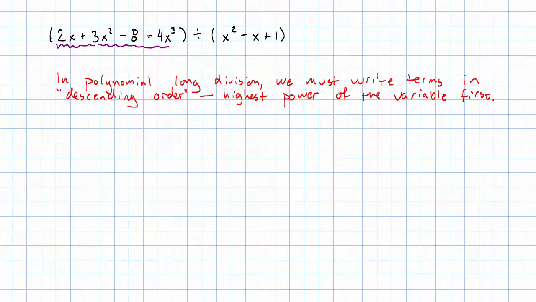So we'll write our 4x to the third first, and then our 3x squared, and then our 2x, and then our negative 8 inside our division bracket.